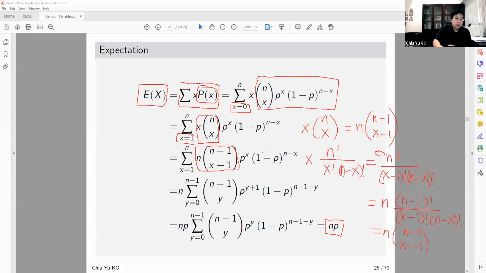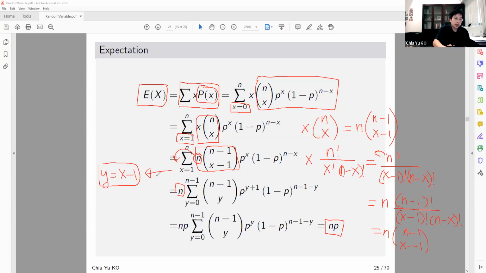This n is a constant, so we can take it out, which gives you this part. The next thing we do is what we call rewriting, which we commonly do for the rest of the chapter: let y equal x minus 1. Let's make this transformation.